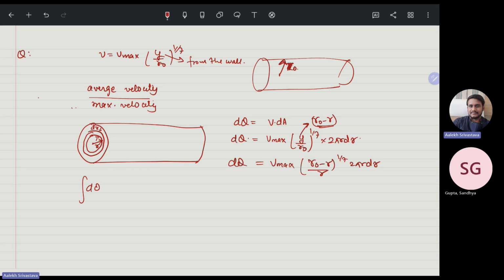If you integrate dq, this is the total flow rate: Q is equal to 2 pi V max times the integral of r0 minus r by r0 raised to the power 1 by 7 into r dr from 0 to r0. If you integrate it, you will get a value.